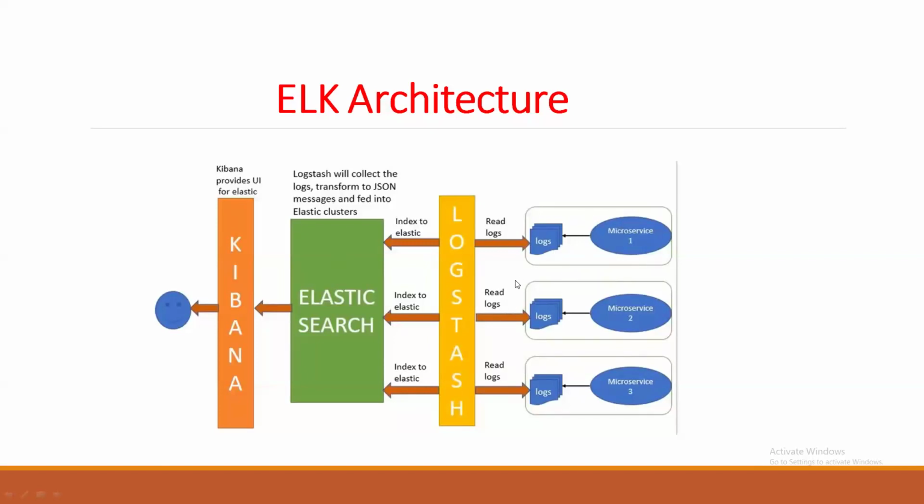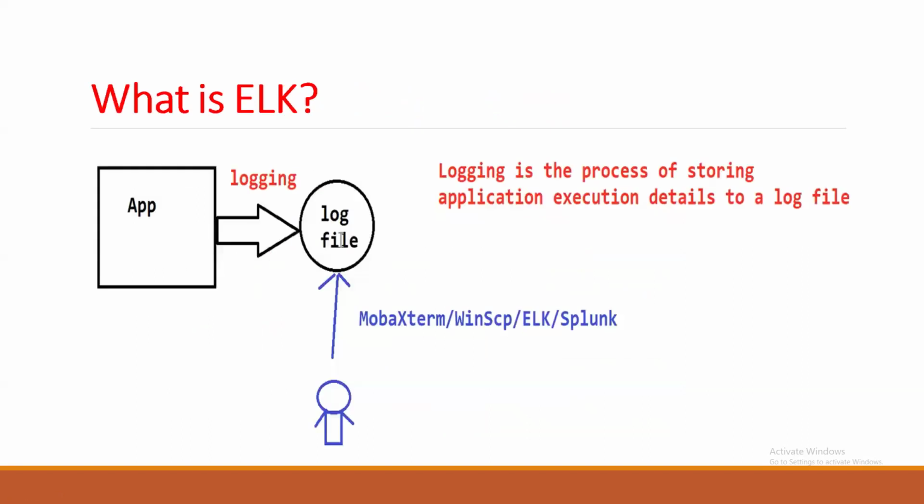Who will read the logs? Logstash will read the logs. Then Logstash will collect the logs, transform them to JSON messages, and feed them into the Elastic cluster. And if you want to see the logs in a dashboard, you can use Kibana, which is the dashboard.